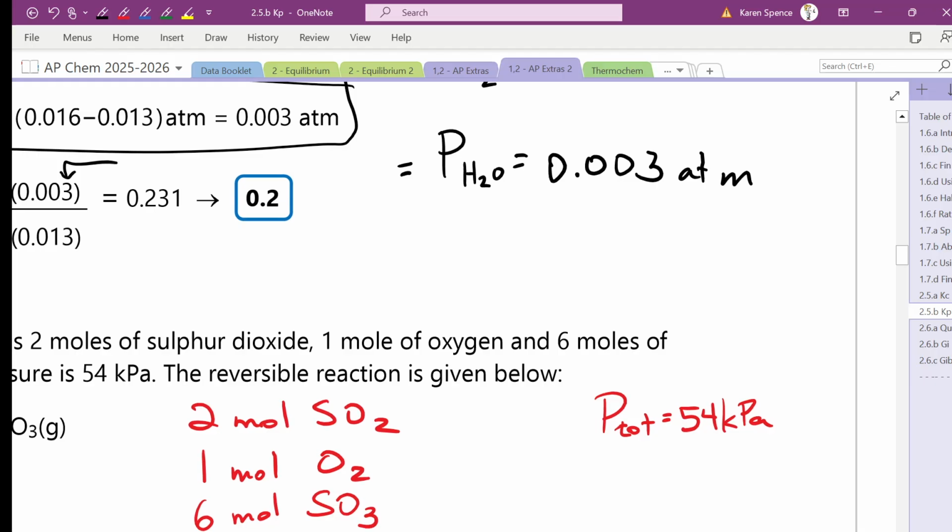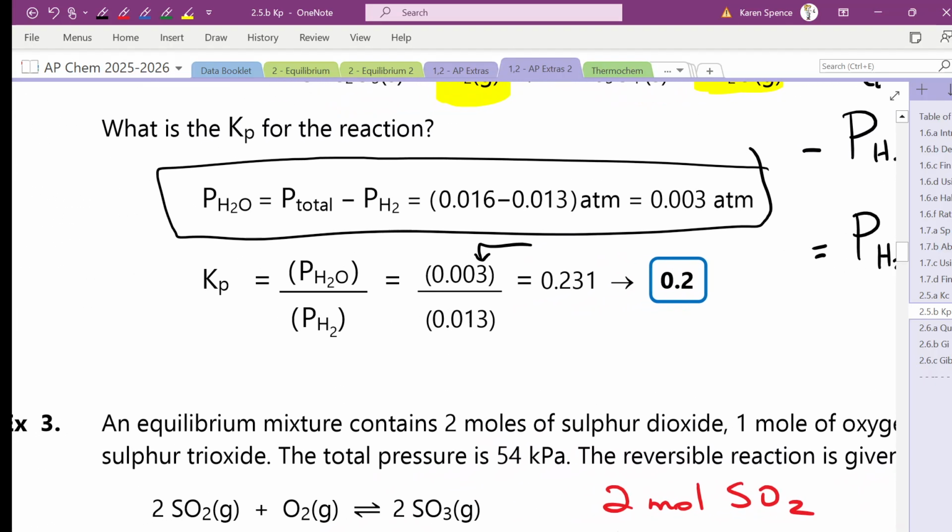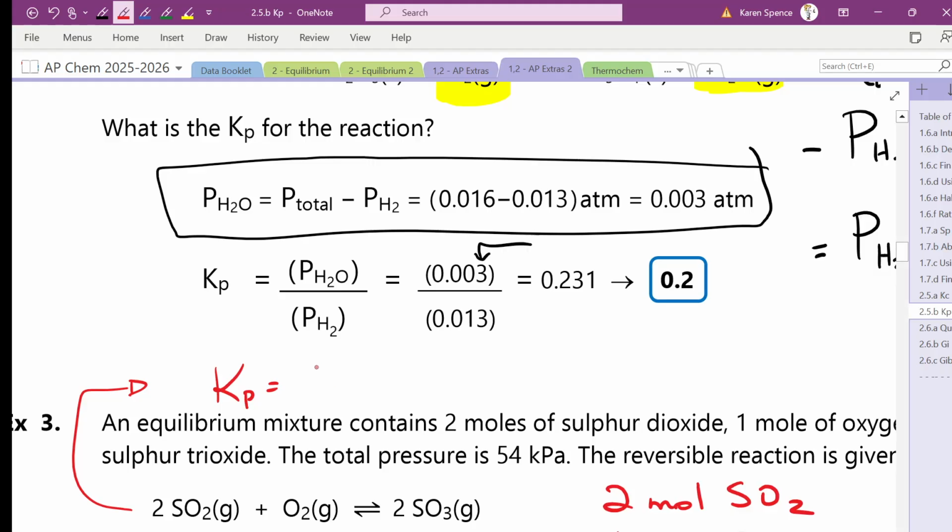Well, first of all, for this reaction, if we were to write Kp for this, Kp would be equal to, who goes on the top? SO3. So we've got pressure of SO3, and that's going to be squared. You can put it in brackets or not.